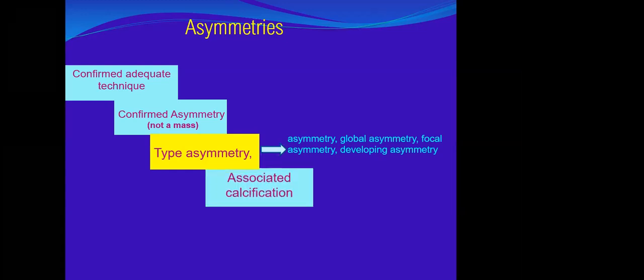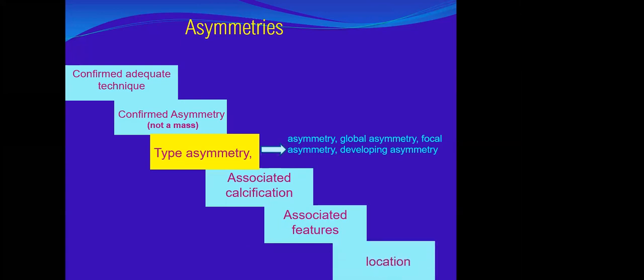Is it pure asymmetry, not associated with other findings, or associated with calcifications, underlying masses, architectural distortions, skin changes, nipple retraction, axillary lymph node, or any other associated features? And then we have to localize that asymmetry as we described before by the descriptors of localization.